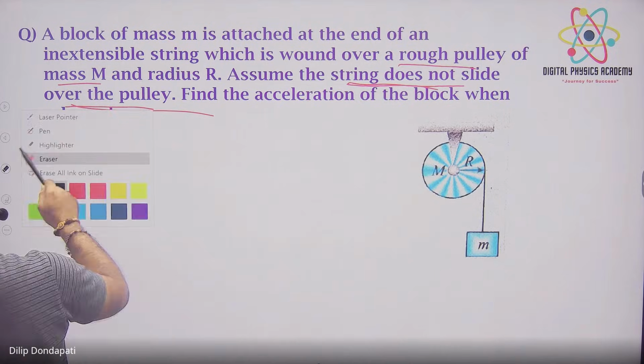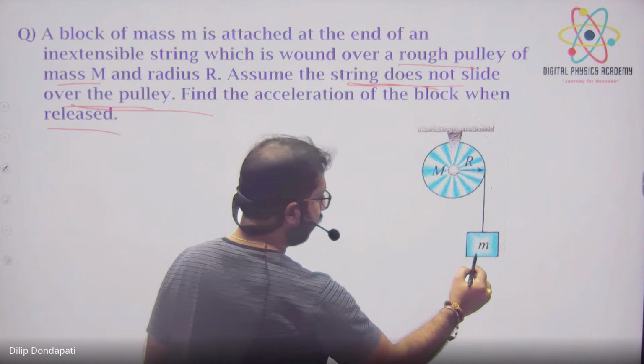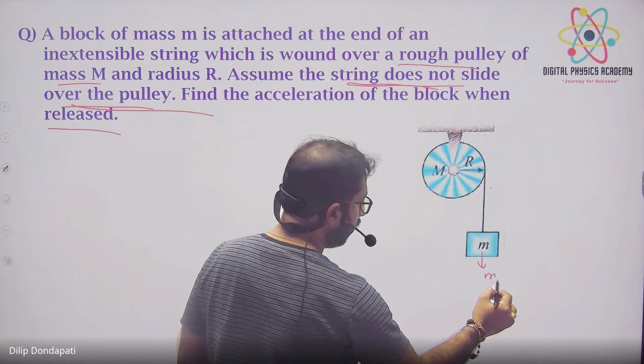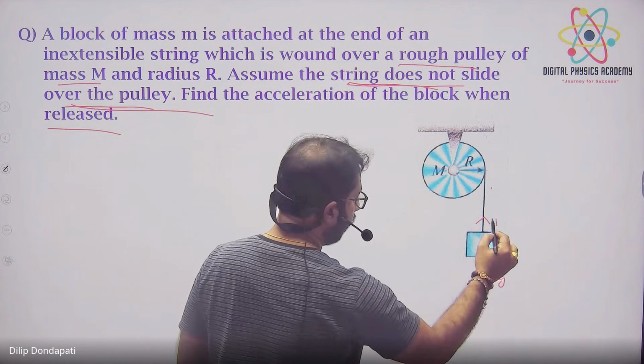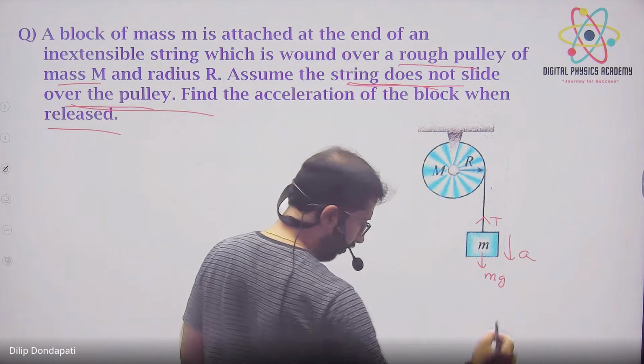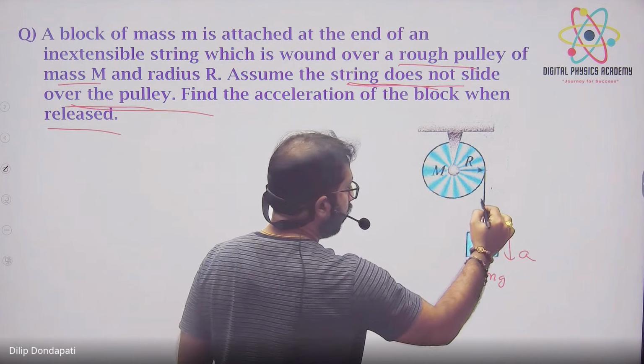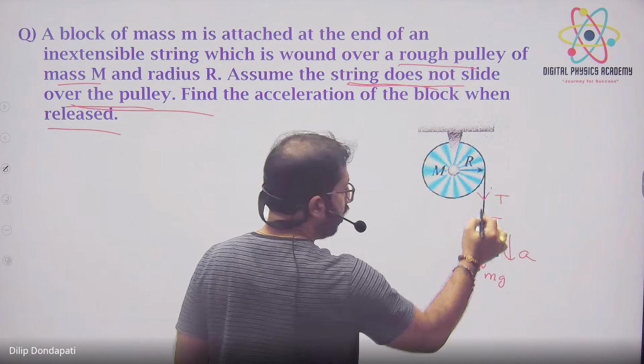So won't it be, one second. Answer आ गया. Okay. इसके ऊपर what are the forces acting on it? mg, tension T, and इसका acceleration A, right? And इस pulley का tension T है, same string another.